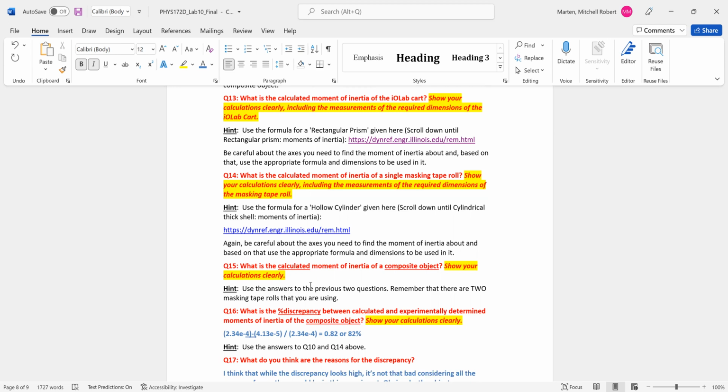I don't know why I didn't take a picture of it. I don't know how well you guys are going to be able to see this. Can you see that at all?